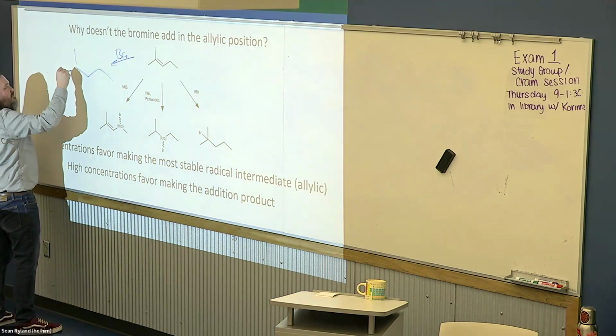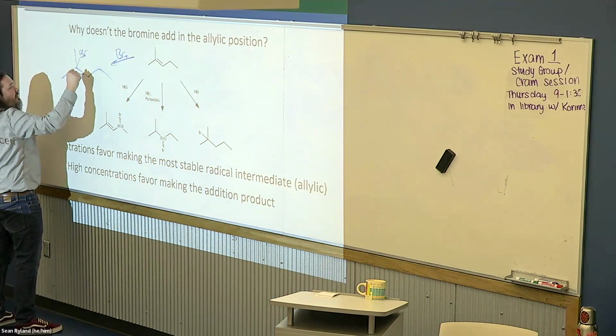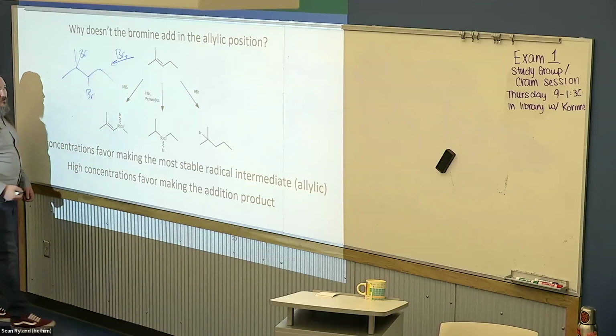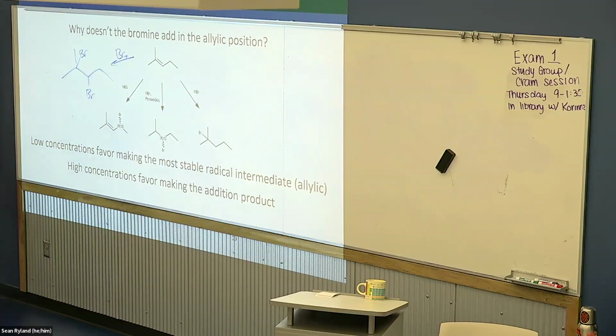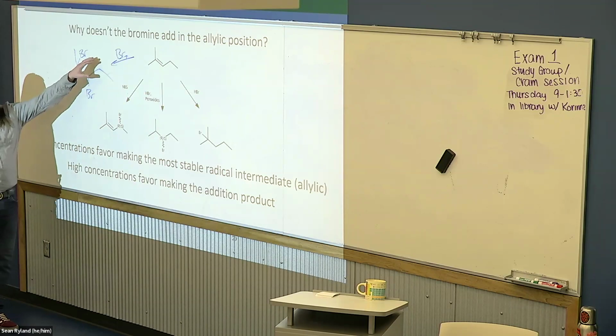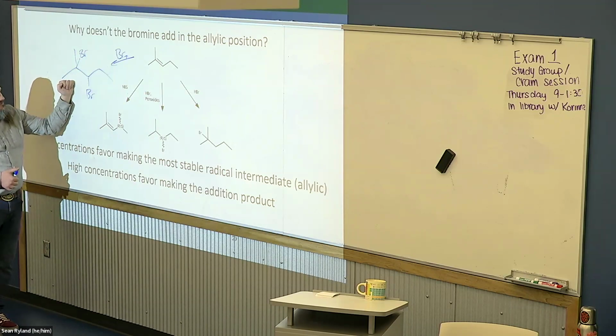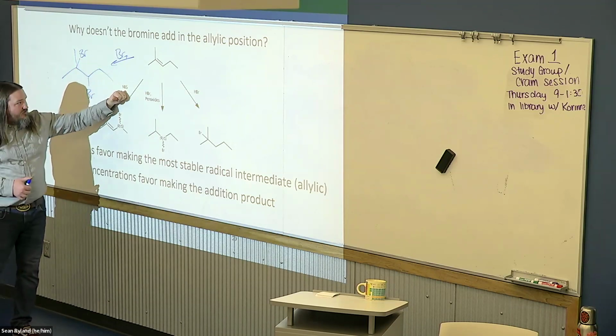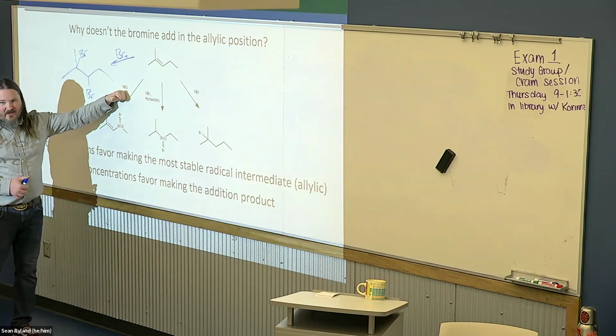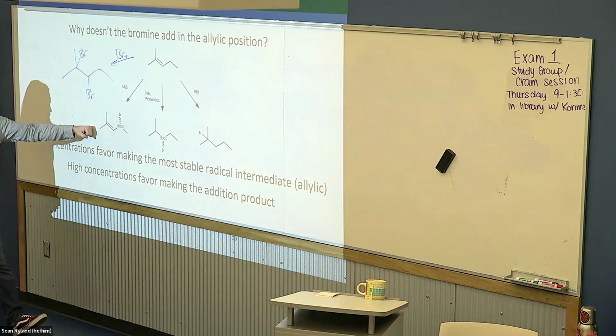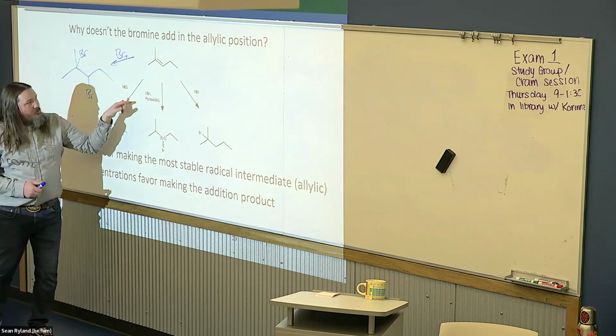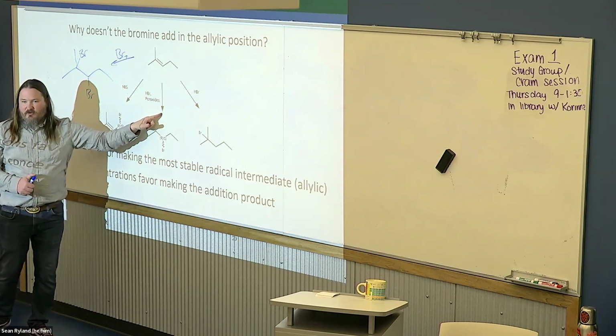Because that gives us the dibromination, the bromination across the double bond. In really high concentrations of bromine without light, we get this. In low concentrations of bromine with light, we get the allylic position, but both of these involve making bromine radical.